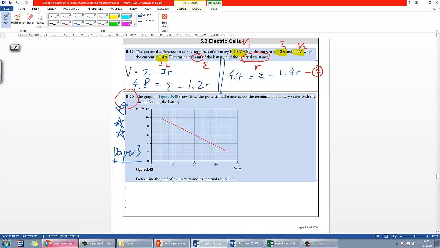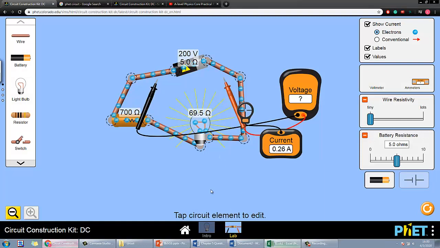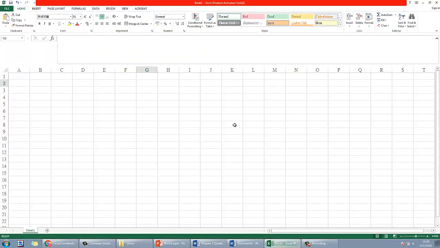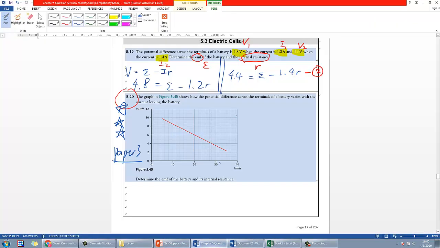Anyway, what you find here is a graph, which in the next video I will teach you how to construct, by building a circuit and using Excel or Google spreadsheet. But for now, let's try to interpret it first, assuming that you have already got this graph.